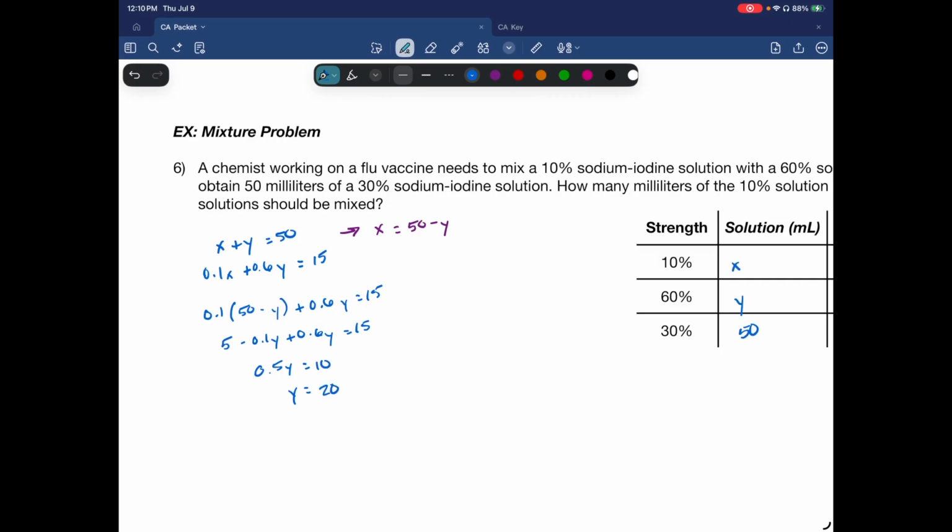And since I know what y equals, I can find x. x equals 50 minus 20, so x equals 30.